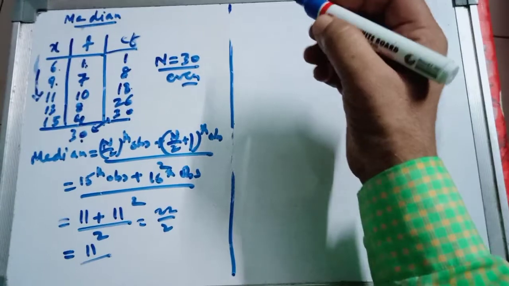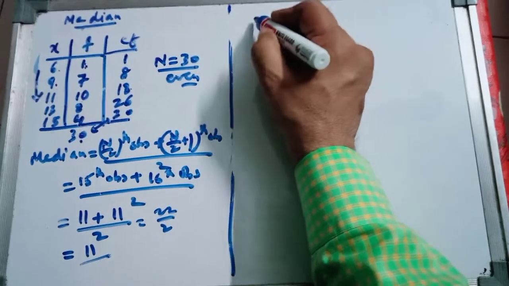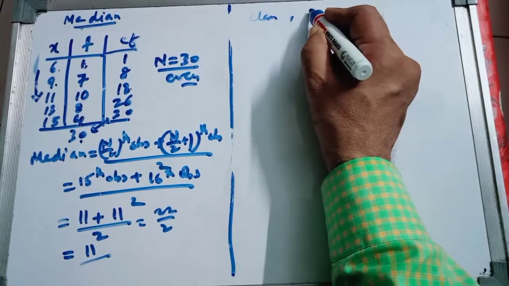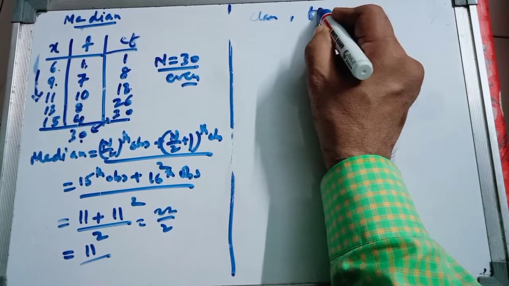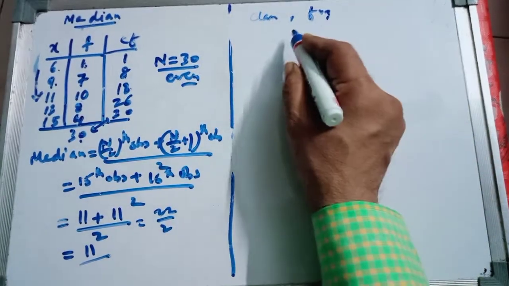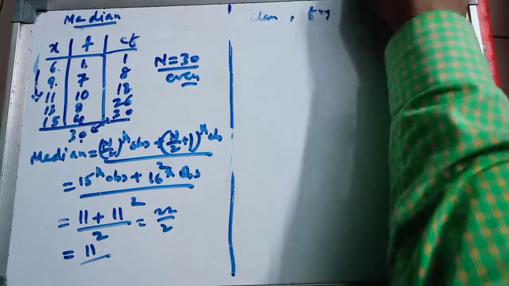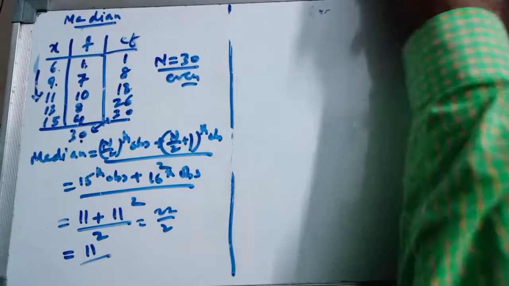if the grouped frequency table is given, say the class is given and then your frequency is given, in that case how to find the median? So first let me write the formula.